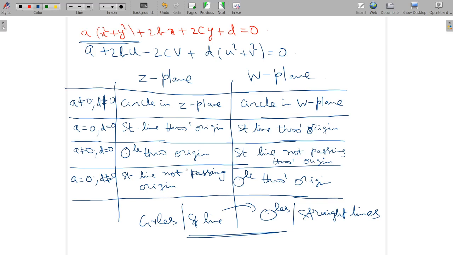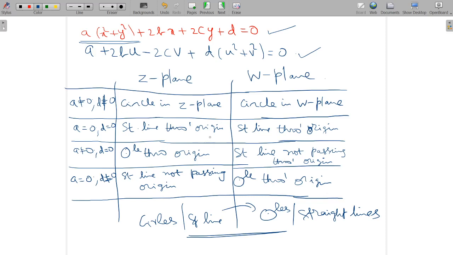So for our convenience, I have taken the curve a into x squared plus y squared plus 2bx plus 2cy plus d is equal to 0. I have found out the corresponding image, and depending upon the values of the constants, I am particularizing the image here.